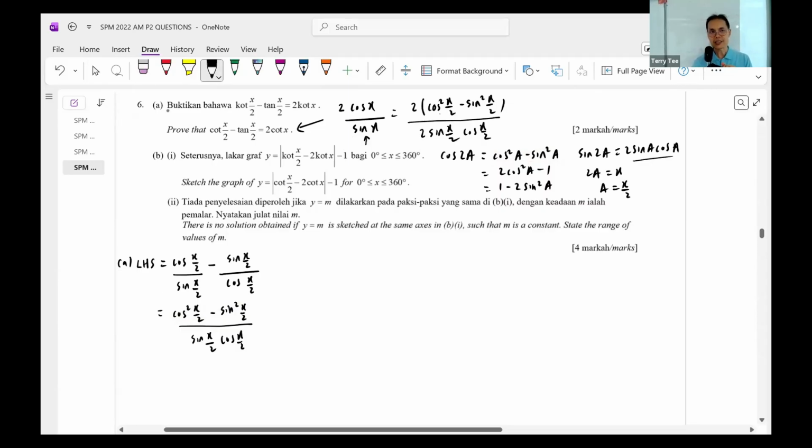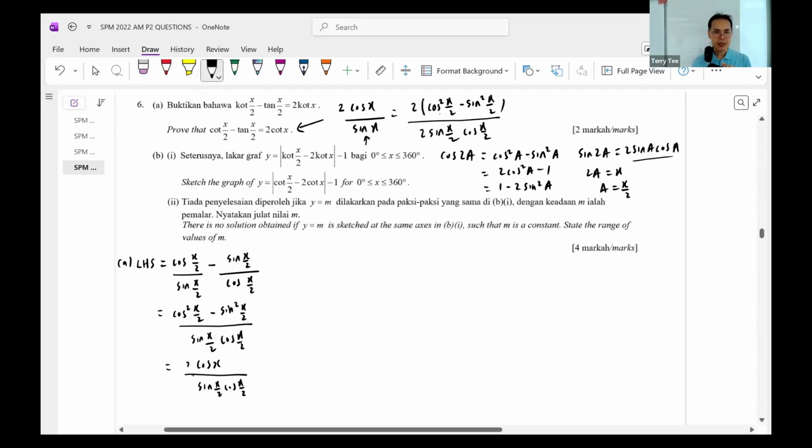Now, what we are missing here, guys? We are missing a 2. I don't have a 2 here, right? So what we need to do next is to multiply top and bottom by 2. Maybe I do one extra step. I handle this first. I combine this to cos x. This one has a sine x over 2 cos x over 2.